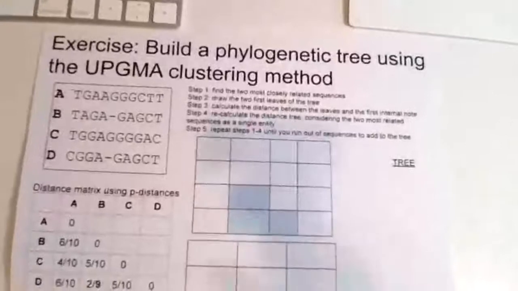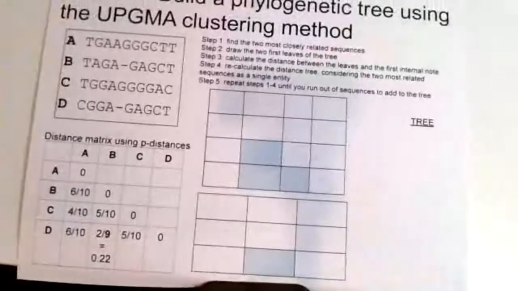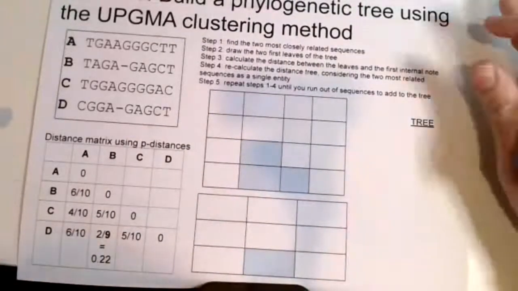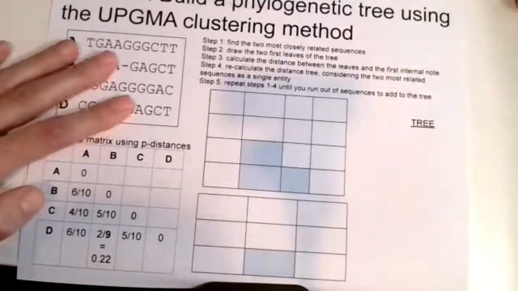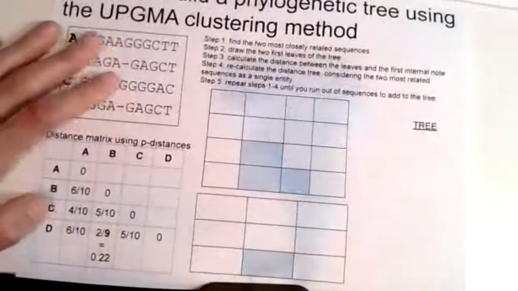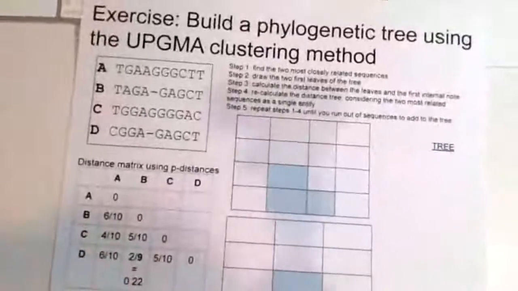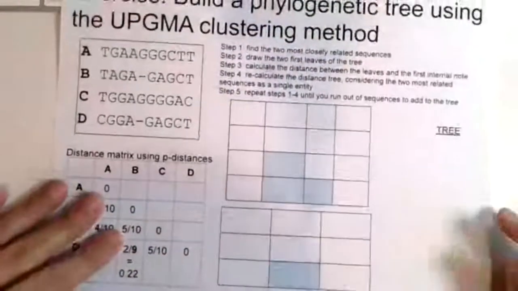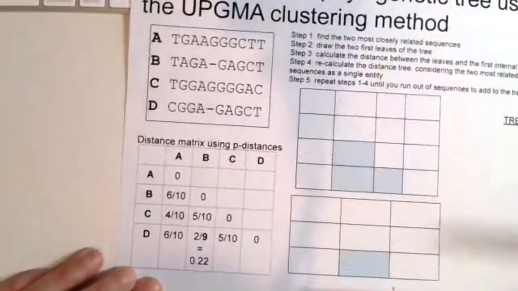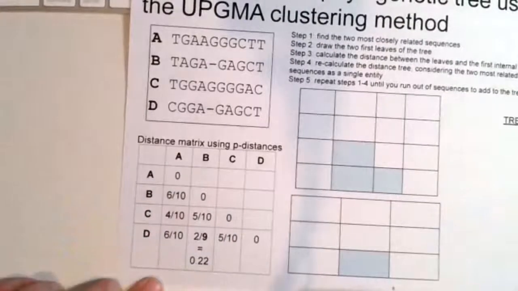Okay, so once you have this, what you do is find the two most closely related, because remember that when we're building the tree, we're branching out from the two most closely related.